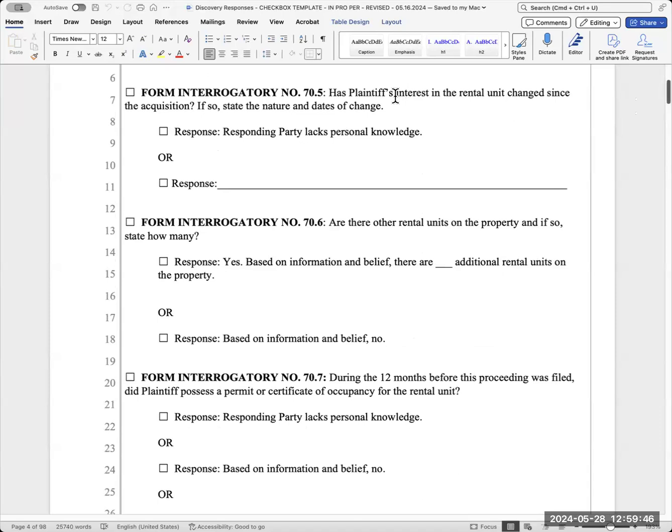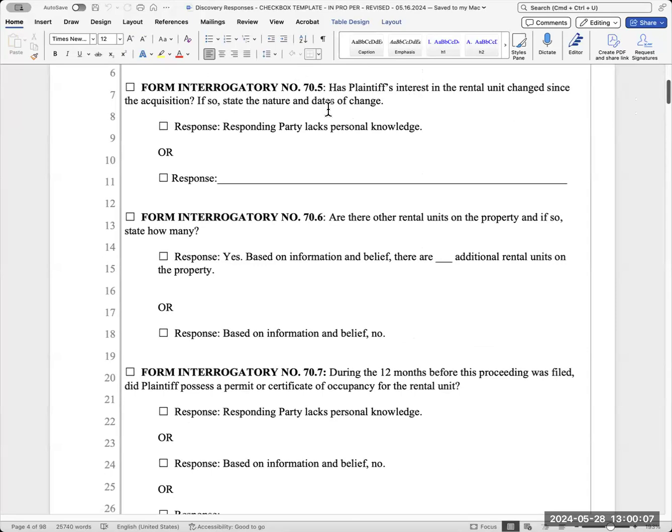70.5, has plaintiff's interest in the rental unit changed since the acquisition? If so, state the nature and dates of change. This question is basically asking the plaintiff a question. It's asking you to get in the plaintiff's head and asking, has their interest in the rental unit changed since the acquisition? You can't get in the plaintiff's head, so you should consider the appropriate response.